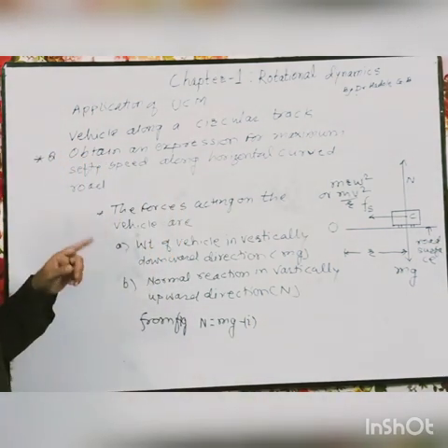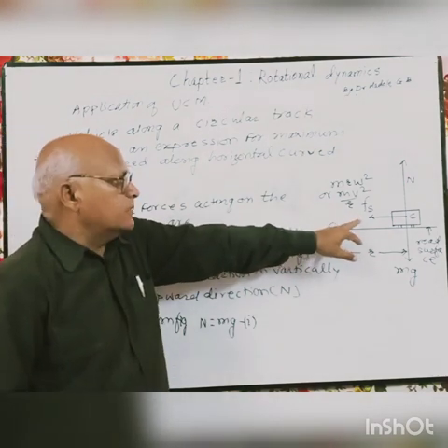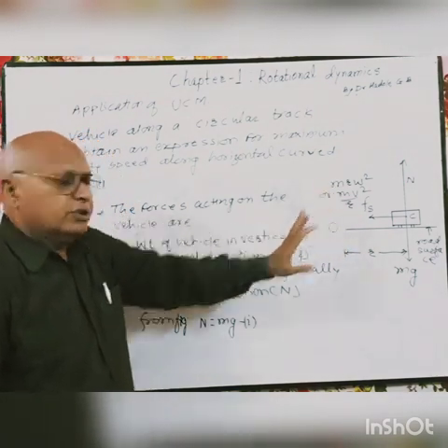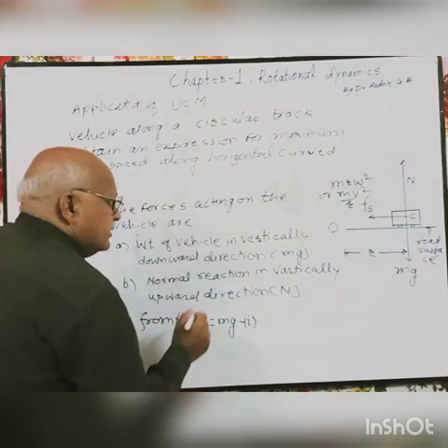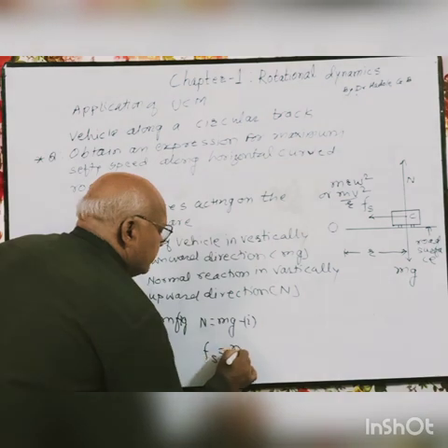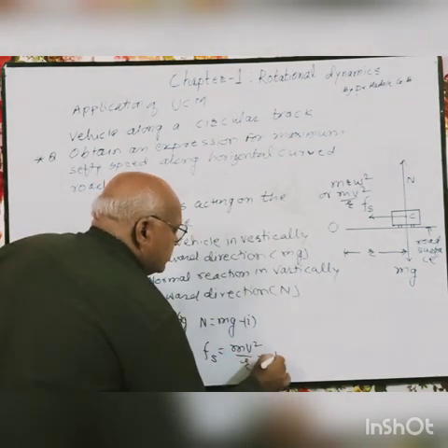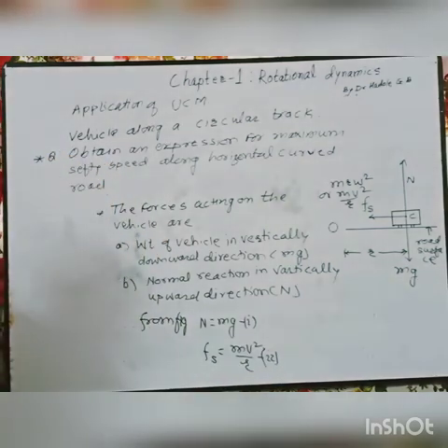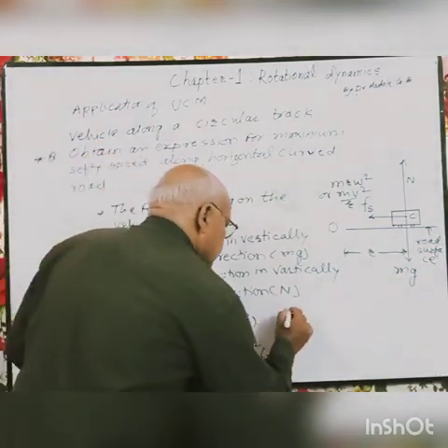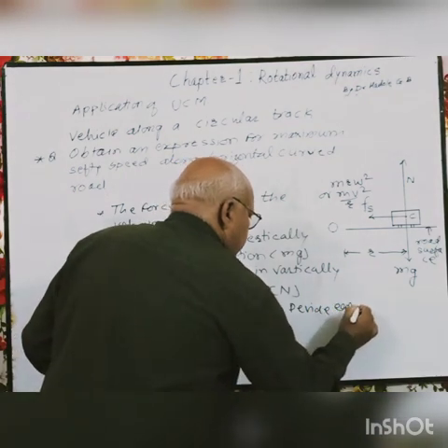When the vehicle is moving along a horizontal curved road, this frictional force balances the centripetal force, and therefore we write Fs equal to mv square by r. This is equation number 2. Divide equation 2 by 1.